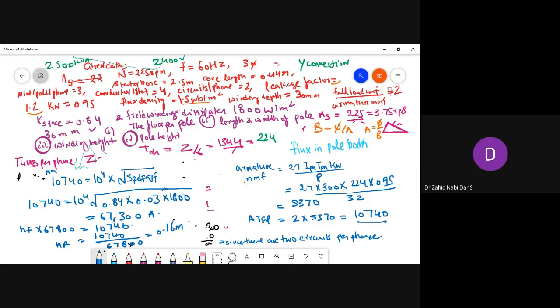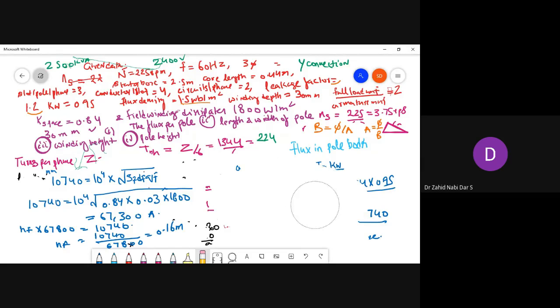Now in order to calculate the total height of the system, so total height would be equal to height of pole, height of winding plus height of insulation.